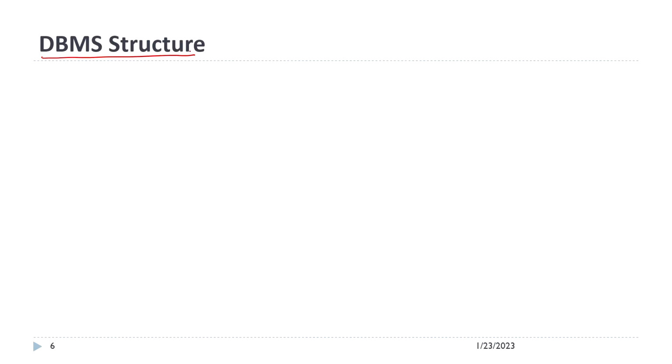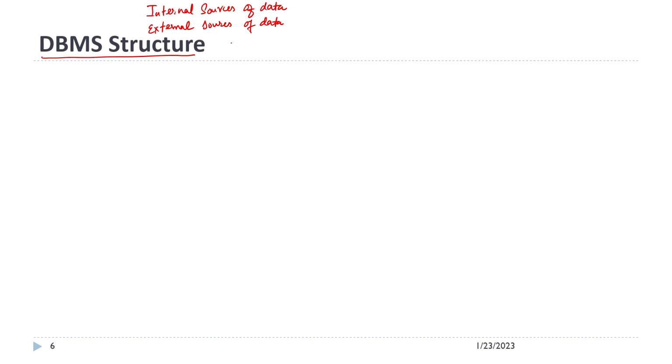Now, let us get into what we call the DBMS structure, and we will try to study this in a schematic form. So, remember we have talked about internal sources of data and external sources of data earlier, and we also talked about the private data and stuff like that, right.